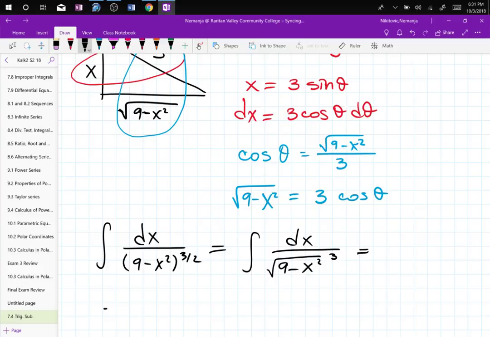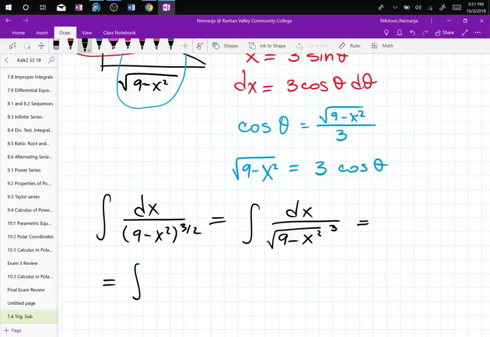So you just plug in values for what they are. Integral of, you have dx is 3 cosine theta on top. In the denominator, your square root is given by 3 cosine theta, and you need to cube the whole deal.